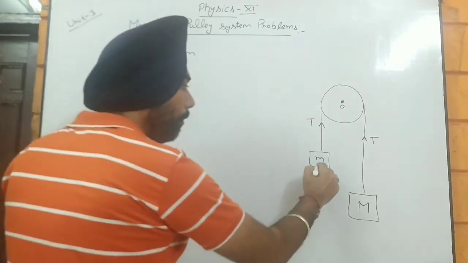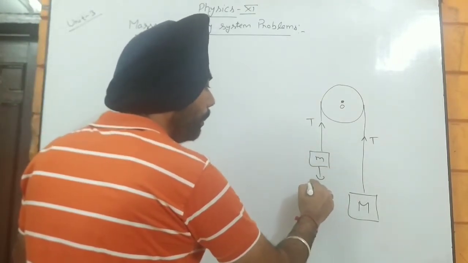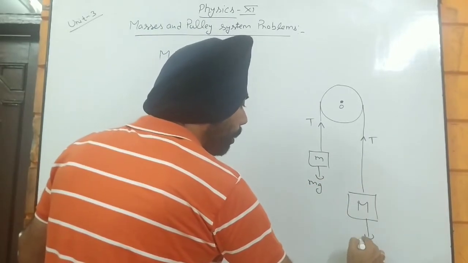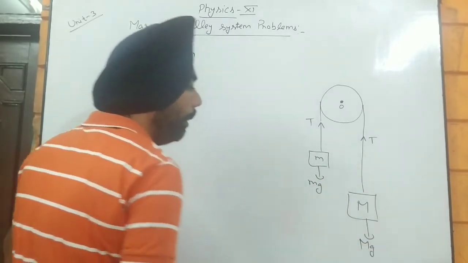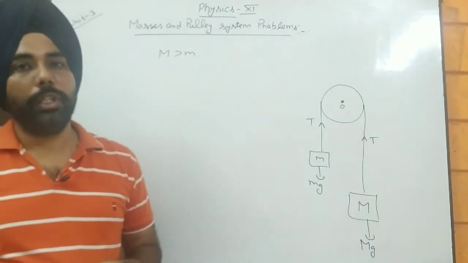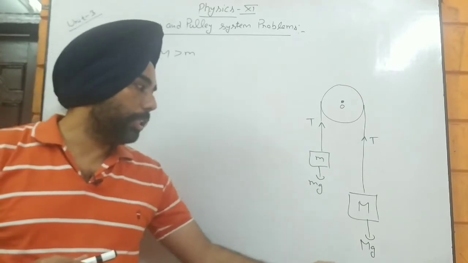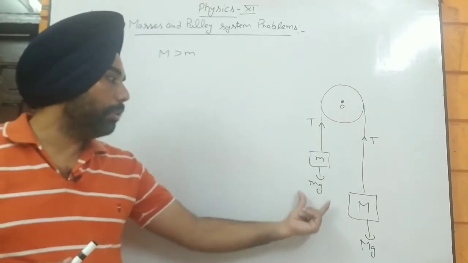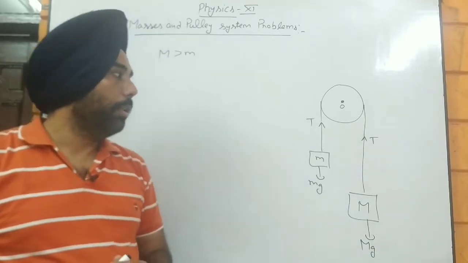Obviously the weight is going downward here, so this is mg, and the weight is also going downward here, that is capital Mg, because we take gravity under consideration as well. You all know weight is equal to mg, so the weight is always going in the downward direction.